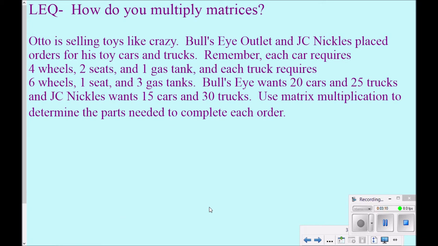Now, we're going to use matrices to do that, again, because if this were a real life situation, this toy maker would probably be selling to hundreds or thousands of stores, and they would be selling hundreds or thousands of toys, not just cars and trucks.